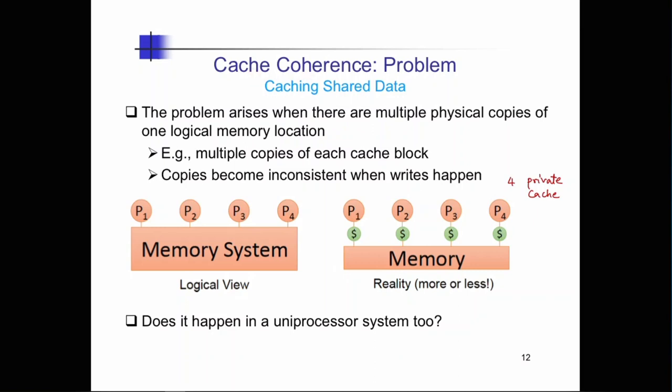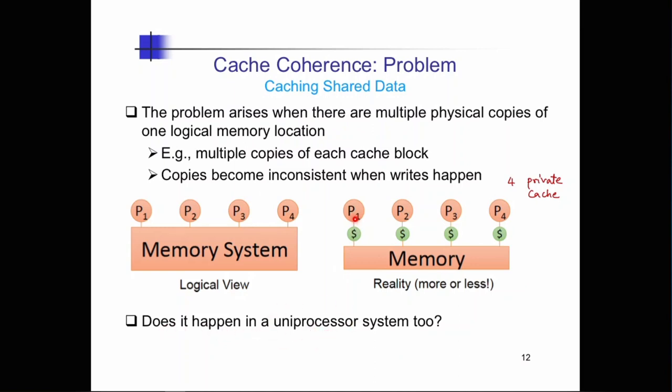We want all the content at every cache to be consistent. We need all the copies to be consistent. Because we are using multiple private caches, the copies could become inconsistent when we make some changes, so when a write happens. The problem of cache coherence will not happen when you have only one processor.